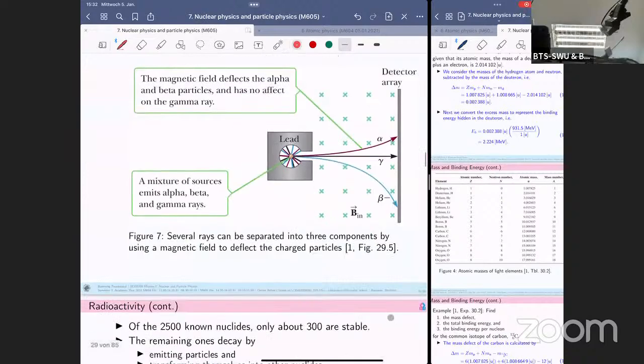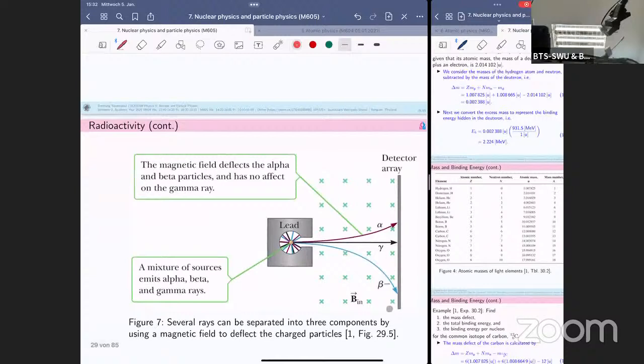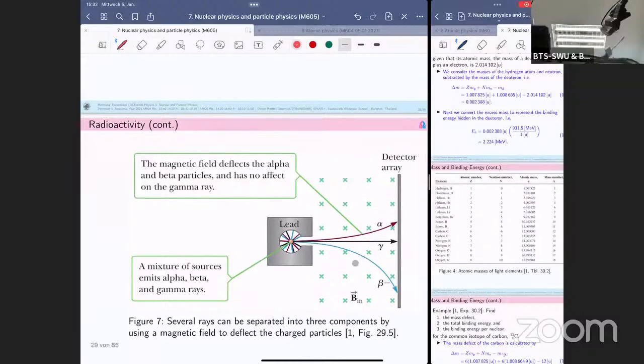So the rays can be separated into 3 components by using a magnetic field to deflect the charged particles.